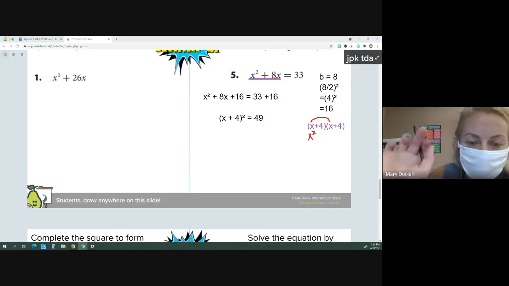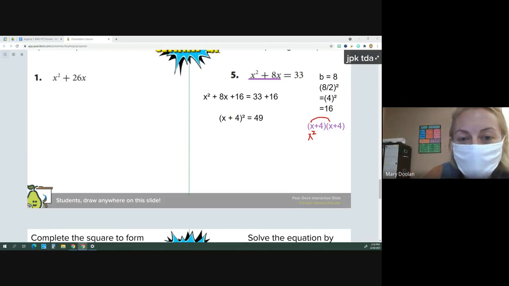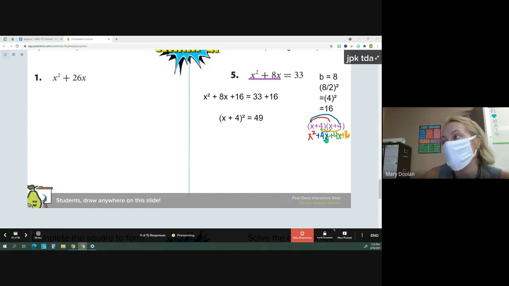The outside terms are plus 4x, and then the inside terms plus 4x, and then the last terms, which is plus 16. And so you can see that we really do get x squared plus 8x because 4x plus 4x is 8x.